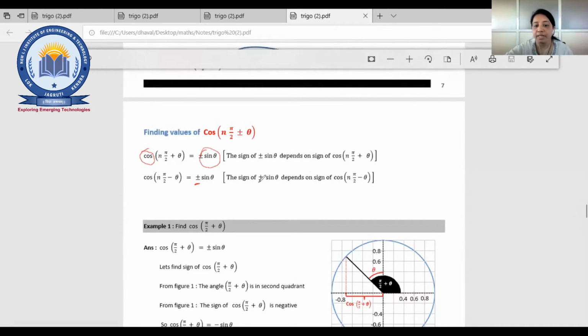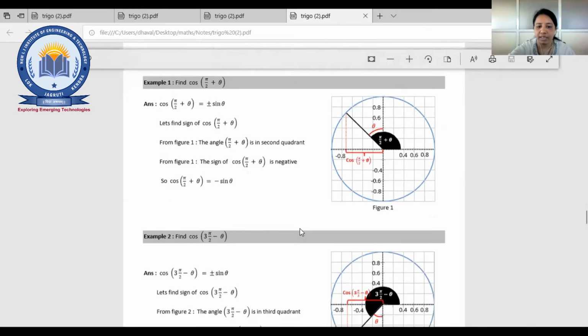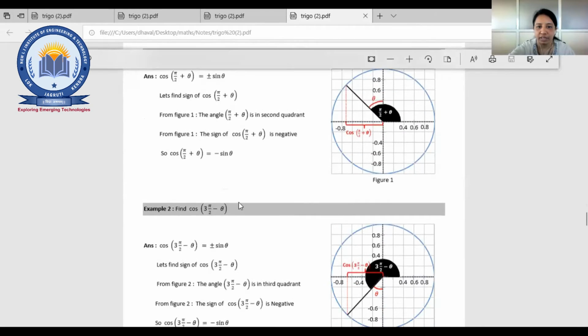So the plus or minus sine theta depends on the sign of the cos function in both cases, right? Same as the previous one. The examples are given for two cases: one for pi by 2 plus something and 3 pi by 2 minus something, right? You can see that from the figure itself, which we have already discussed.